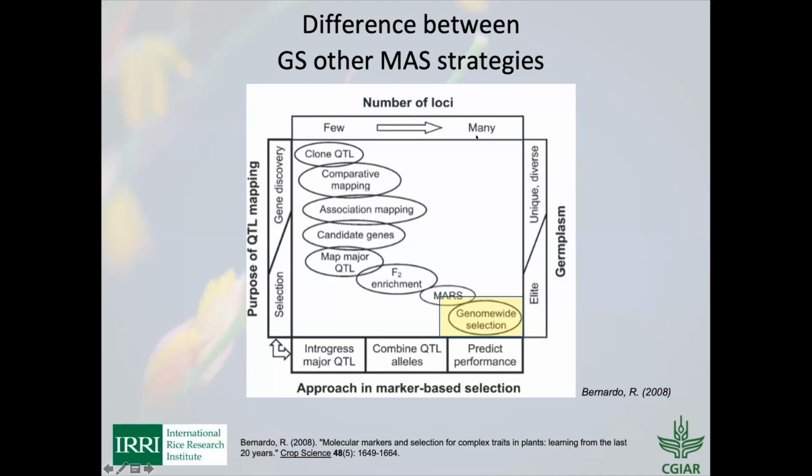But when you're talking about having more loci, especially traits like yield, and we are moving into more of an elite by elite process, and you're talking about selecting individuals either for parents or for advancing lines, then genome-wide selection is one of the strongest and an important contender to achieve those processes. So this is a good snapshot to show the different array of techniques that are available in breeding programs and how we place our objectives and our techniques to achieve results.